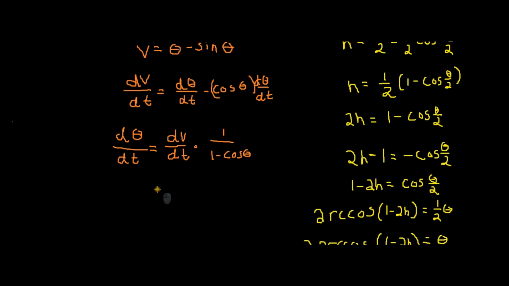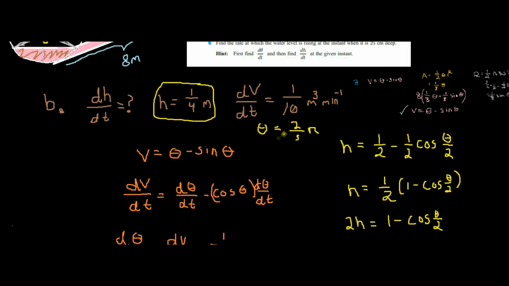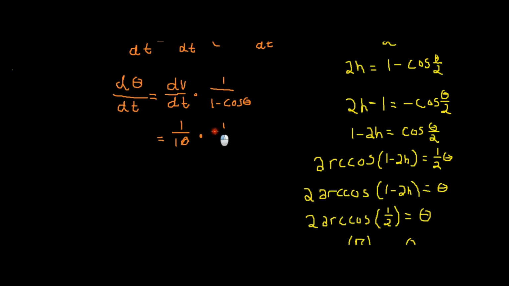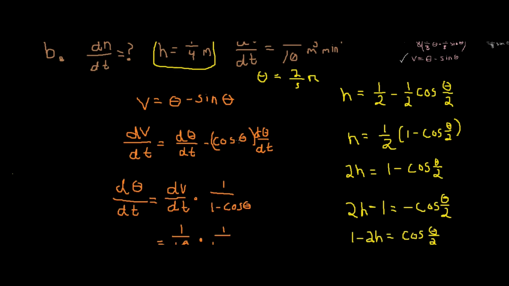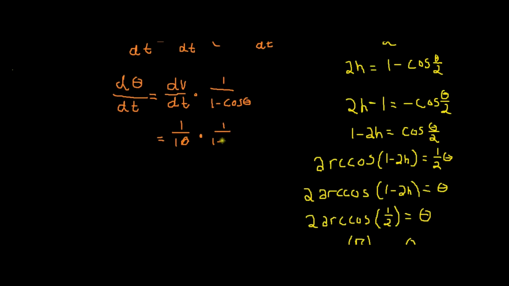And dV/dt, we're just going to plug that in, it's 1/10, and we already know that from up here. 1 minus negative 1/2 is 3/2, and 1 over 3/2 is 2/3. 1/10 times 2/3 is equal to 1 over 15.